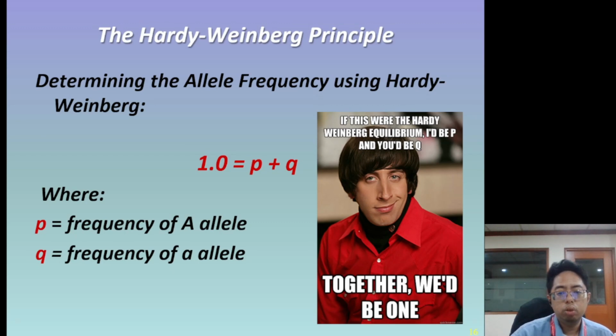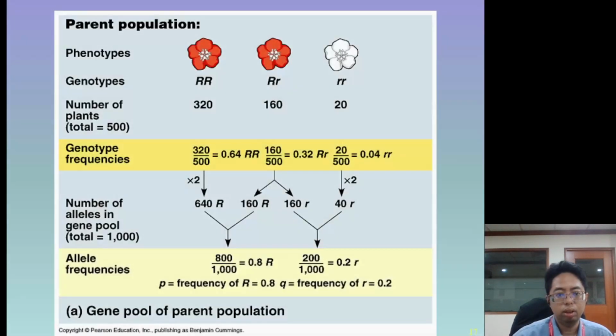To determine allele frequency using Hardy-Weinberg, 1.0 = p + q, where p is the frequency of big A allele and q is the frequency of small a allele.